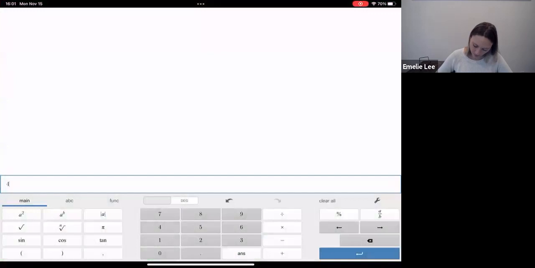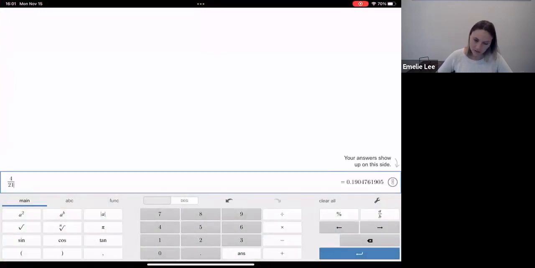What if I do 4 divided by 21? 0.19047, and so on. Times that by 100 to get it as a percentage, and that's where that 19.047 came from. Okay, let me see if I can screenshot it. It's not letting me. That's okay.